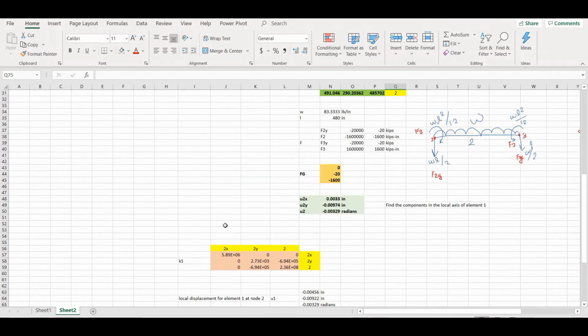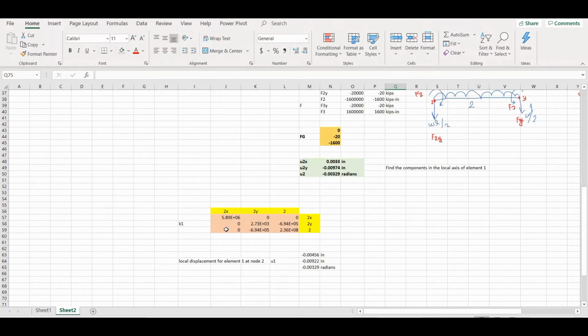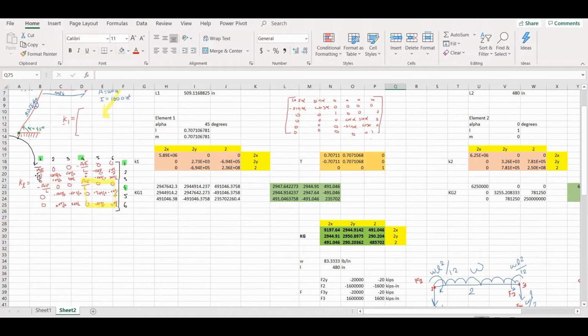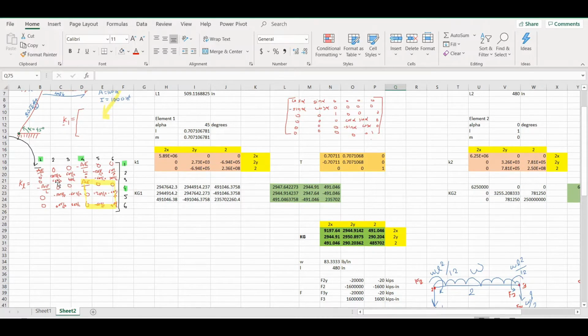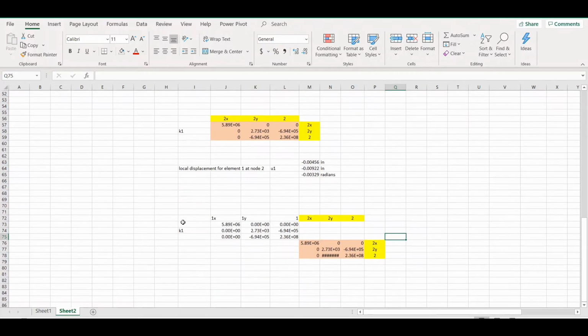And now we just have to write the proper signs for them. So these all are positive here. So we can just write minus of that, minus of that.